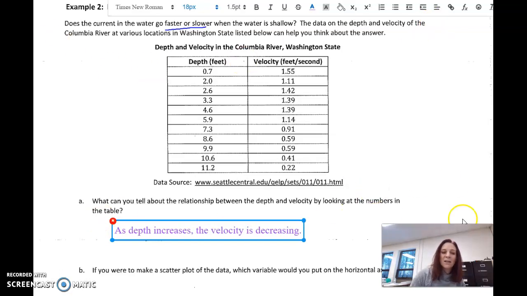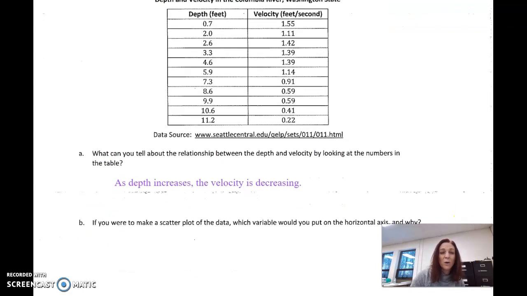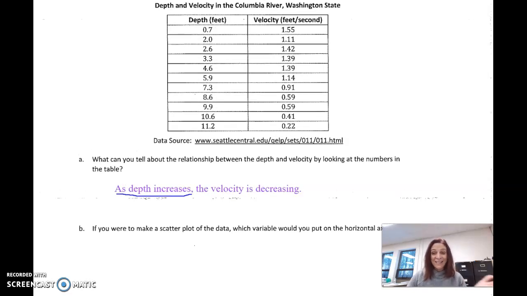So this kind of plays into our next question, which says, if you were to make a scatter plot, what variable would you put on the horizontal axis and why? Well, the key part is this. We always want our independent variable, our x value, to be the one that's easy to record. It's the one that we're always going to say is increasing.